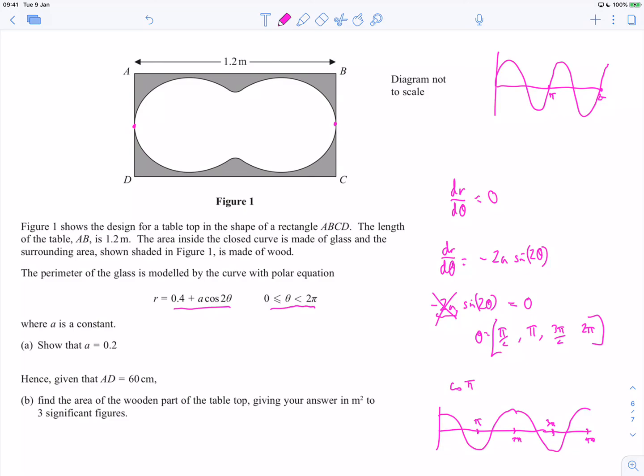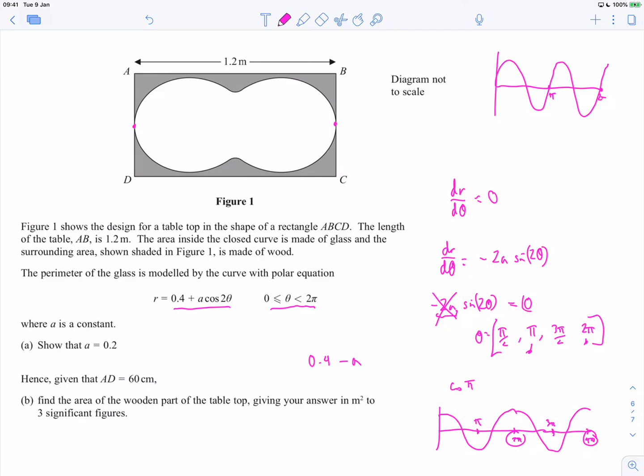So clearly, when I put cosine of pi or cosine of 3 pi in, they're going to give negative values. So I've got minus 0.4 minus a as my radius. And when I substitute in pi and 2 pi, that's going to be cosine of 4 pi and cosine of 2 pi, which is 1.